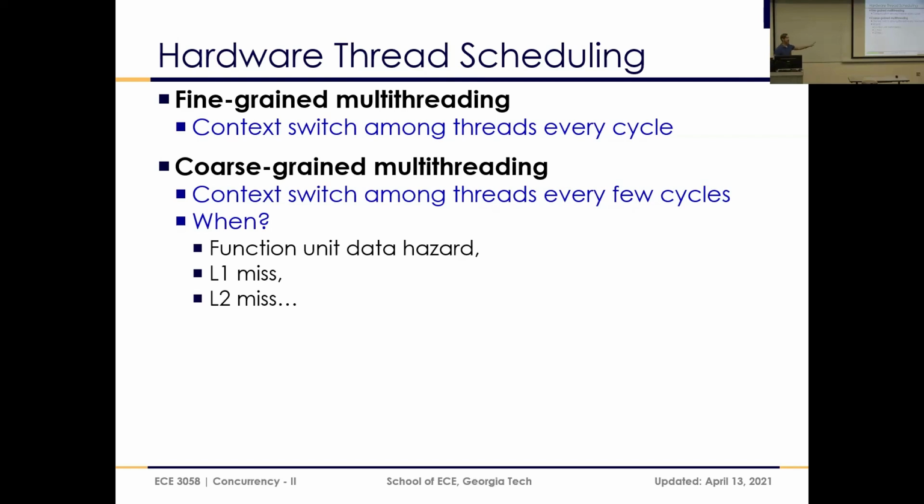So you might have just a couple of threads waiting in the wings. And if one starts to stall, the hardware immediately switches it out without asking permission from the OS, because it has already allocated a thread to wait. That might happen for functional data units, L1, L2 miss. So these are some examples of how we can create computer architectures to do fine-grained and coarse-grained multi-threading. This would be at the hardware level.